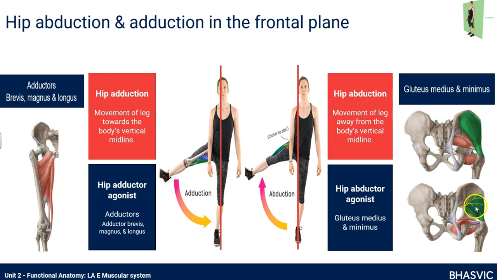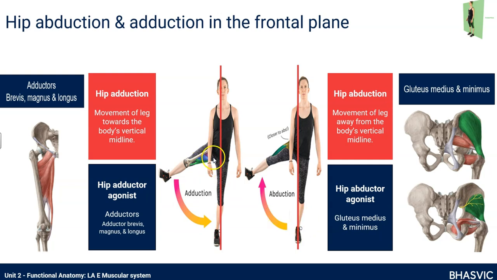The smallest one is minimus, the medium size one is medius. Gluteus maximus is more posterior, on the back of your pelvis, whereas gluteus medius and minimus are a little bit more to your side. So they pull the femur sideways, and they're the agonists for hip abduction.